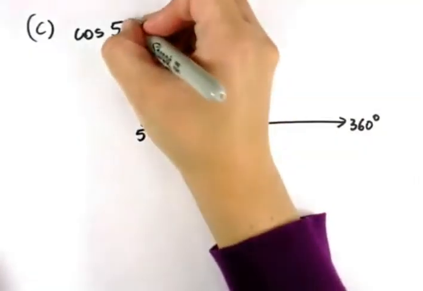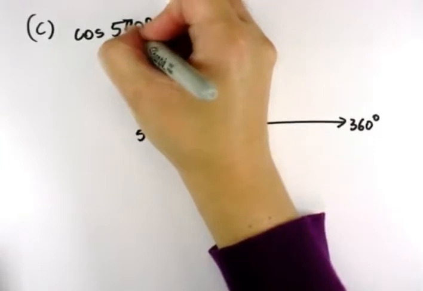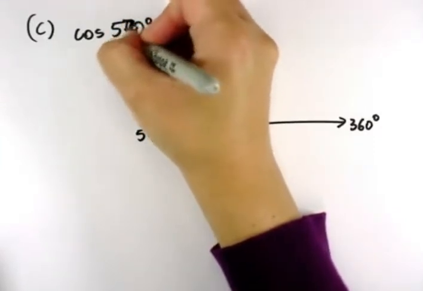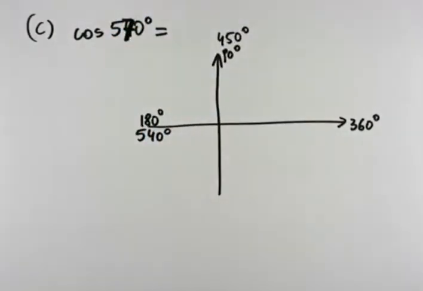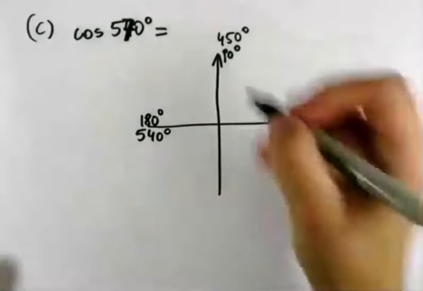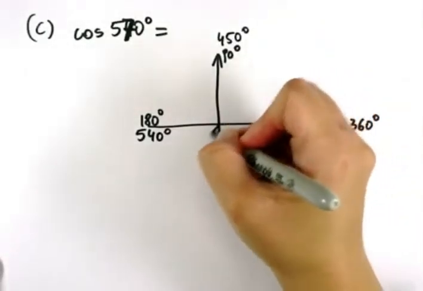Let's do 570 instead. Okay. So now we can draw the angle. We will end up right here.